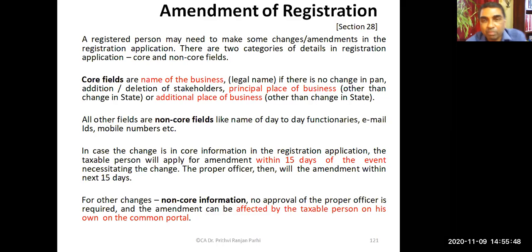Is it clear to you regarding amendment of registration? Yes or no? Is it clear to you? Can you reply?